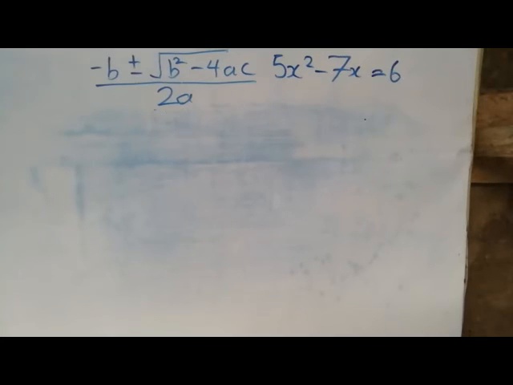This is the next problem. We have 5x squared minus 7x equal to 6. Well, before you start solving, you might be asking me, the ones we've been solving are equal to 0. The value of our c is also on the left hand side. But in this case, the value of the c is at the right hand side. It's not a big deal.